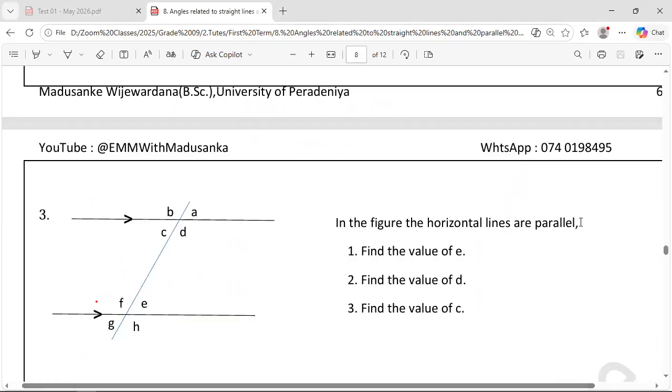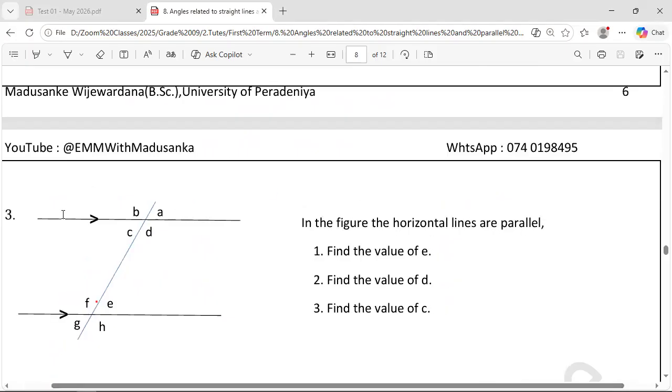In the bracket, please write here: when B equals 110 degrees, find the value of E, find the value of D, find the value of C. You can find this at home. These are your homeworks.